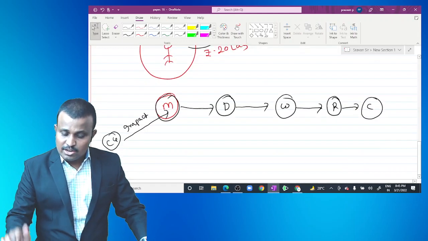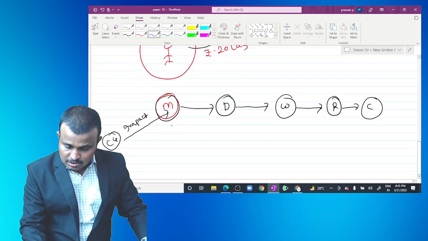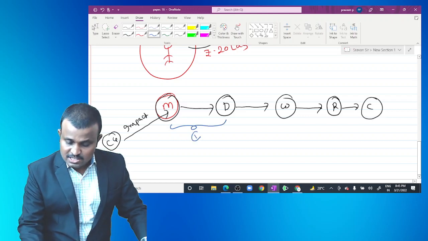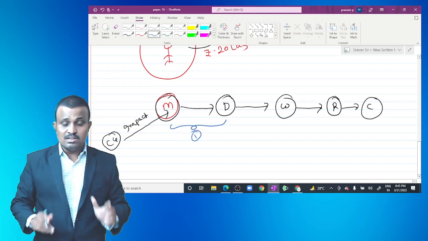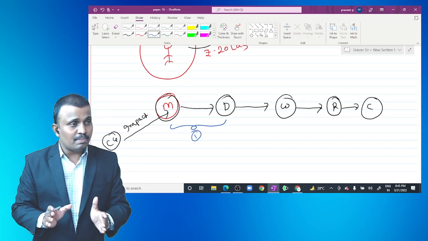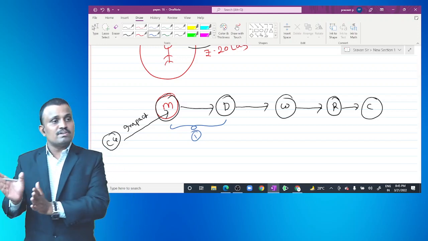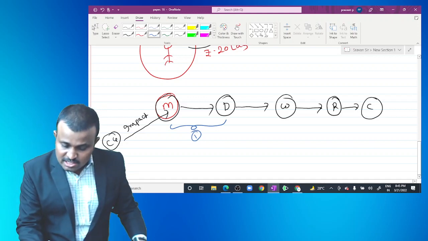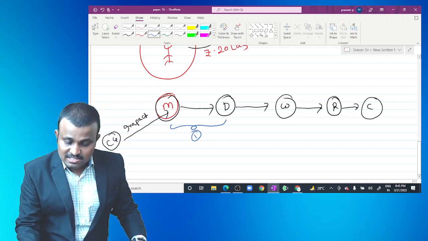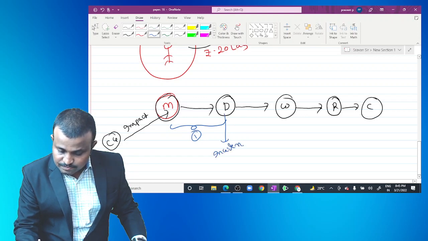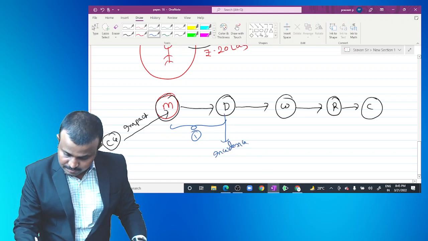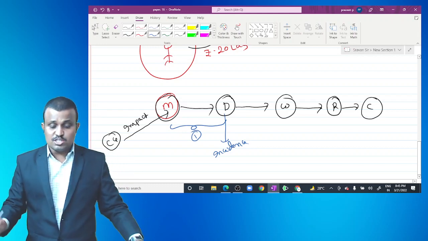But in the first transaction, the manufacturer pays the tax to the government, but that amount is not borne by the party. He collected that amount from the distributor. So in this scenario, impact of the tax is on the manufacturer and incidence of the tax is on the distributor.